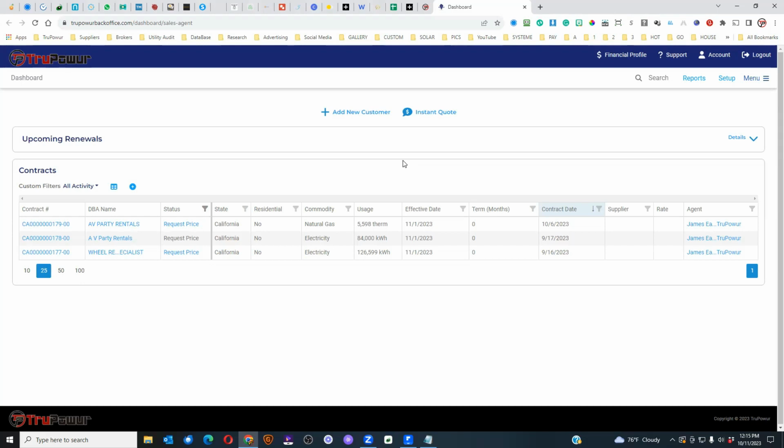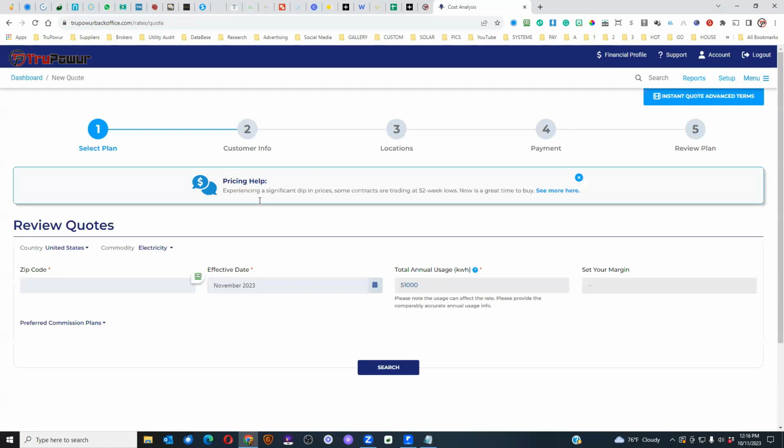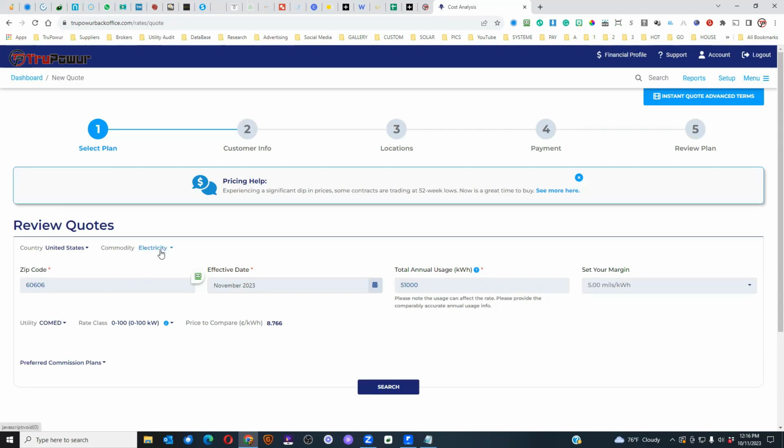So there's a couple ways in order to get pricing at this point. So if we're wanting matrix pricing and we just want to look at it real quick, we can certainly just hit instant quote, put in the zip code for that customer, and then make sure, if we're talking about natural gas, by default, it is set to electricity.